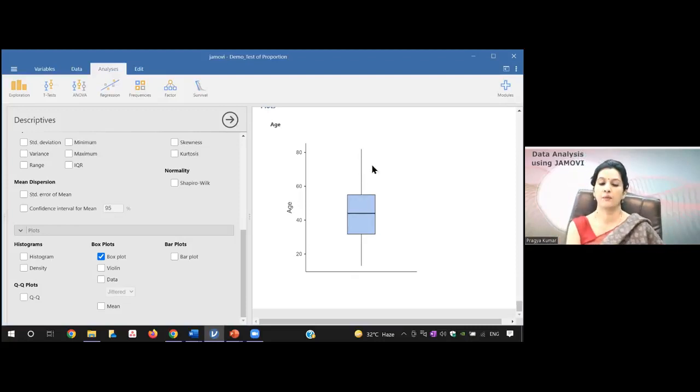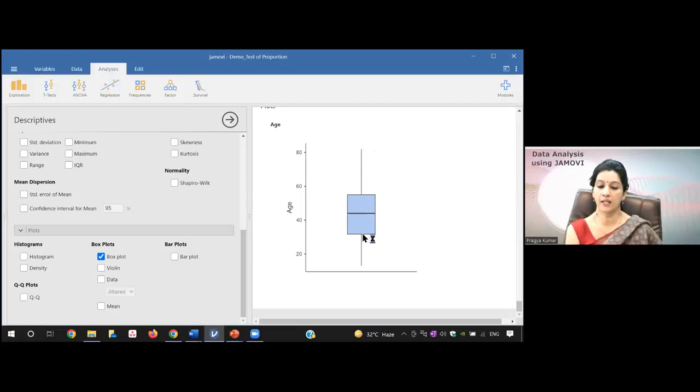And this 1.5 times means the values which are above this will show as a dot or as an asterisk, depending on SPSS or Jamovi. In SPSS, it shows the extreme value also. So in this case, the length of the whisker depends on the range of values which are there in the data set.